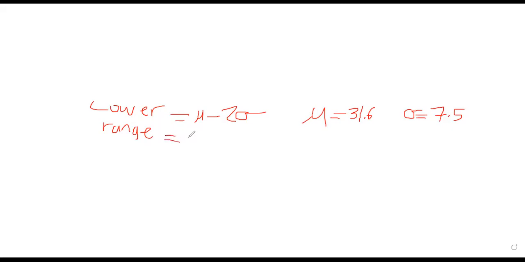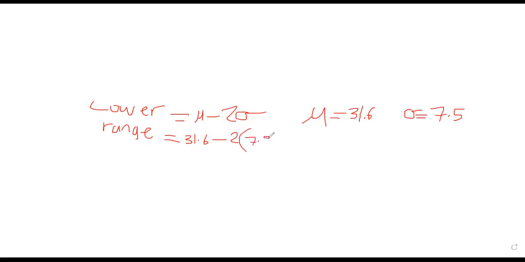You want to find the range. So here the mu is 31.6 minus 2, which was obtained because of 95%, which we can get from the normal tables. Then the standard deviation is 7.5.